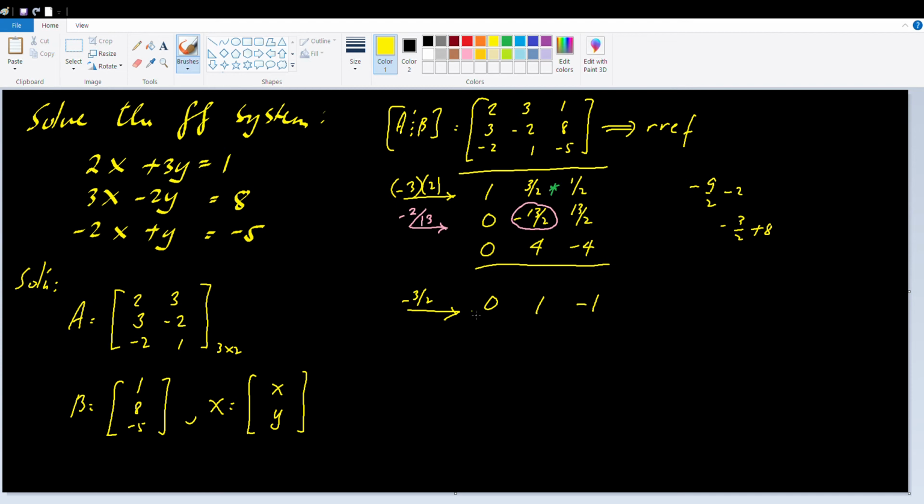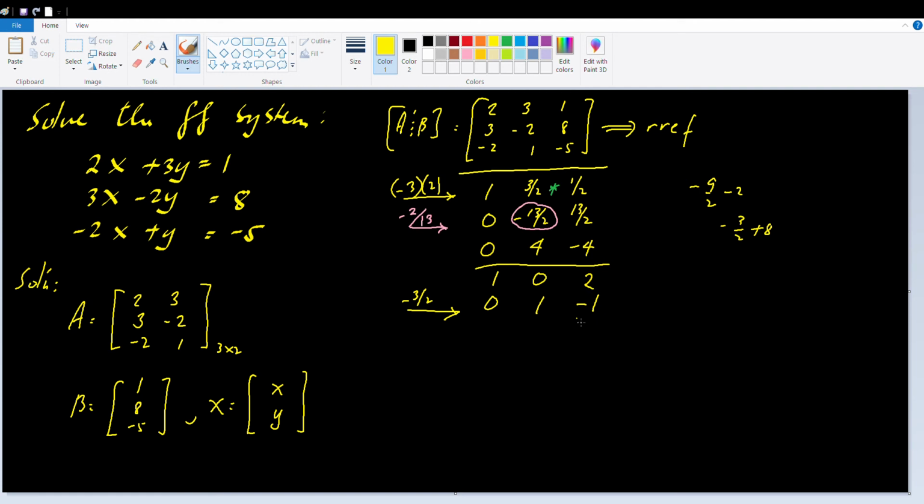So 0 times negative 3 halves is 0 and 1 is 1. Negative 3 halves times 1 and positive 3 halves is 0. Negative 3 halves minus 1 is positive 3 halves. Okay? Positive 3 halves, and 1 half is 4 halves or 2.